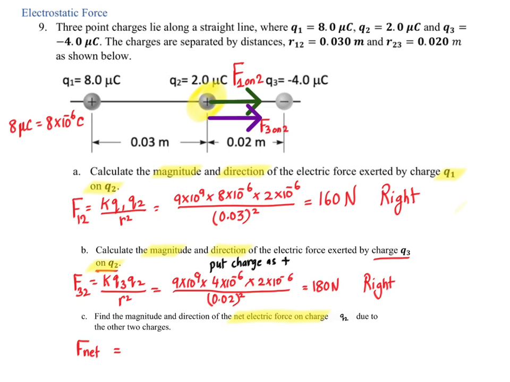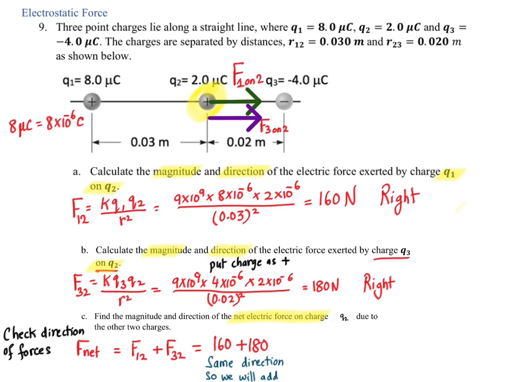There are two forces acting on Q2 and both forces are to the right. That means we are going to add the forces. So check the direction of forces for calculating F net. Both forces are to the right, so we add them and get the answer as 340 newtons, and the direction of the net force is also to the right.